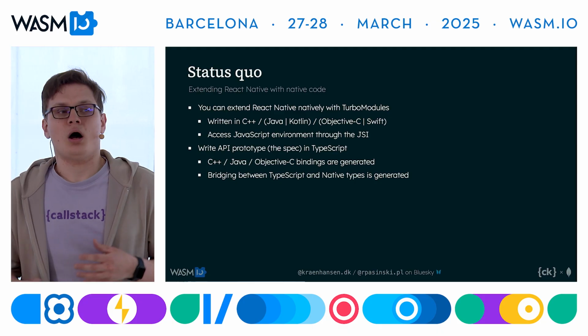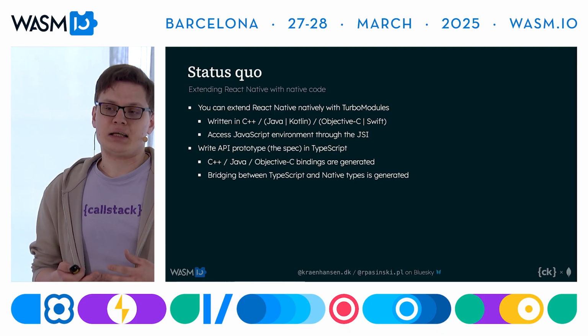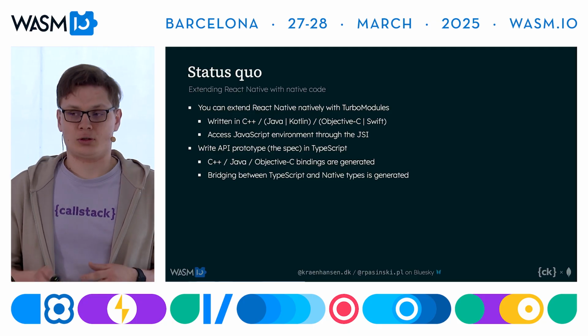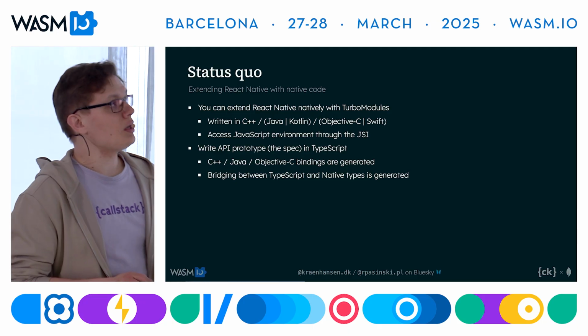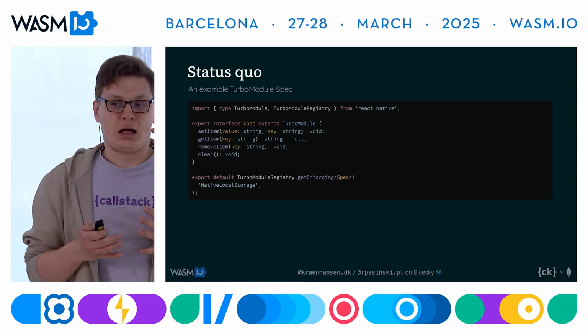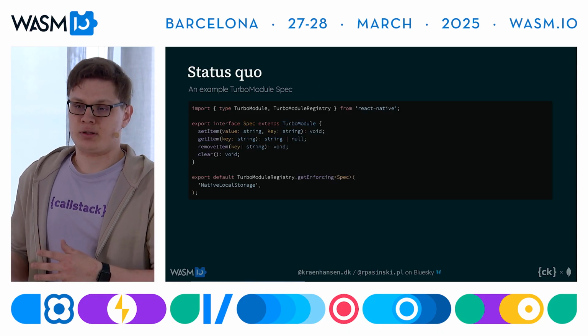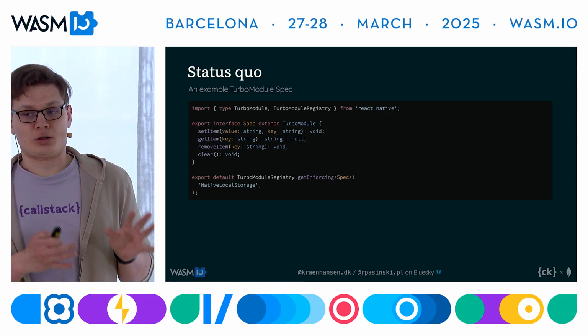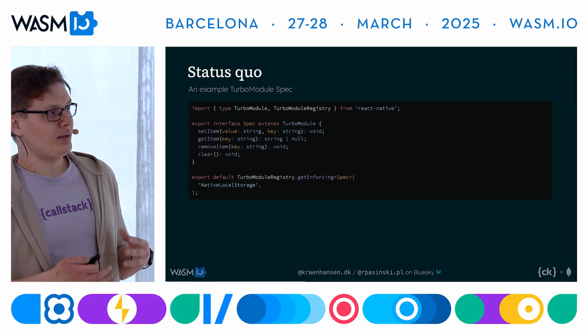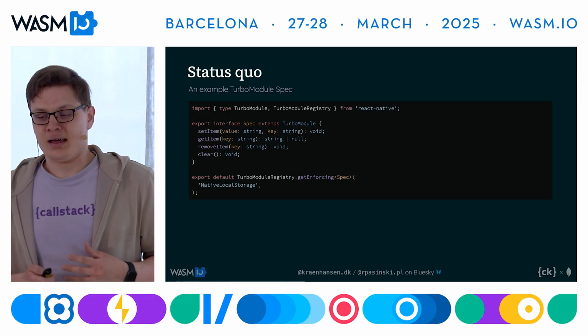We can also communicate using complex types like records, classes, and such. And this code is also automatically generated. As you can see, if I'm an app developer using TypeScript, that's a lot to grasp. That's a lot of languages I need to learn and use to bring something to React Native.